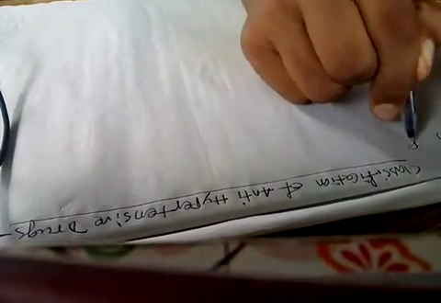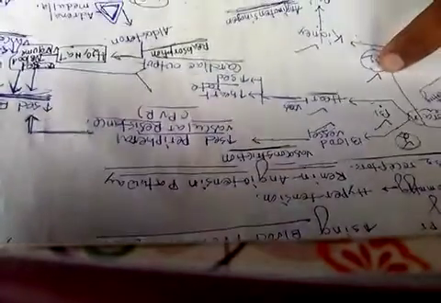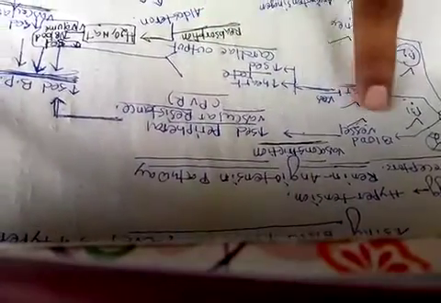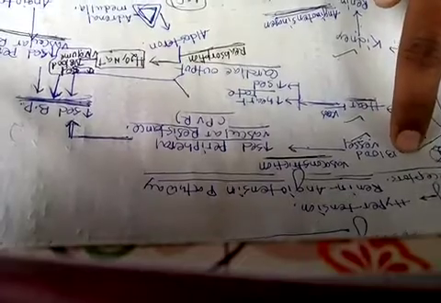So how can we block the renin angiotensin pathway? We can use beta blockers, or we can use central sympatholytic drugs, right?